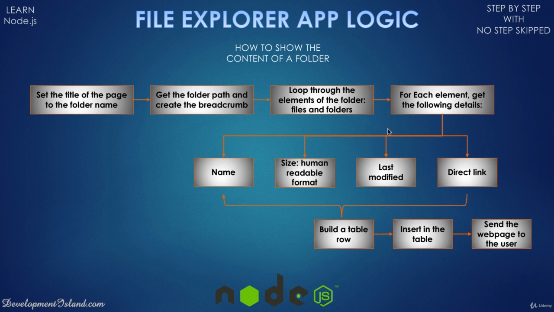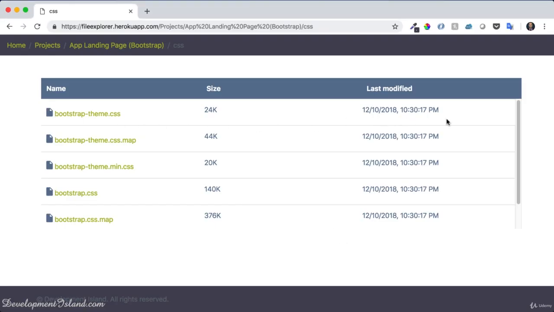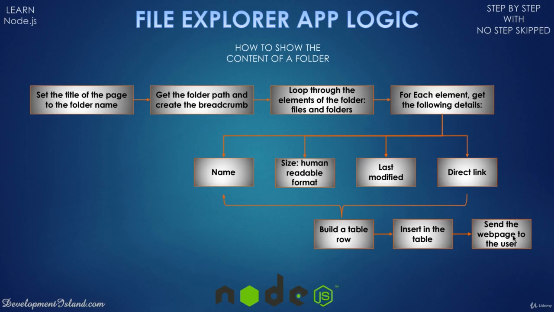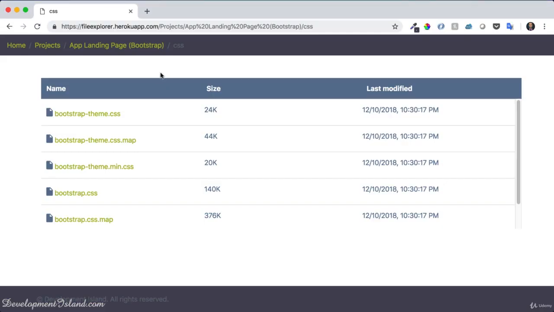Okay. So once you get all those details, you'll be able to build a table row using HTML, which you will then insert in this table. And then you'll send the web page to the user after you build all this.